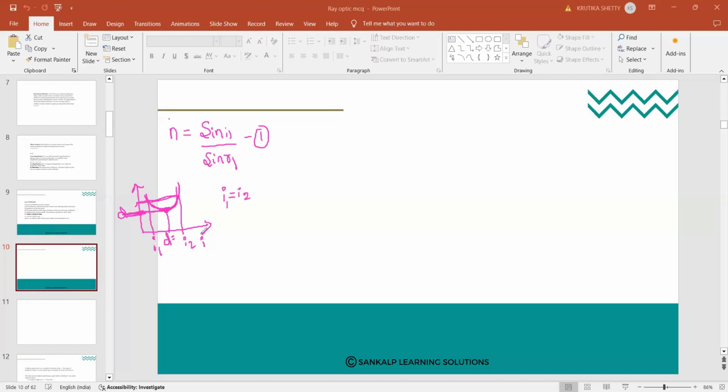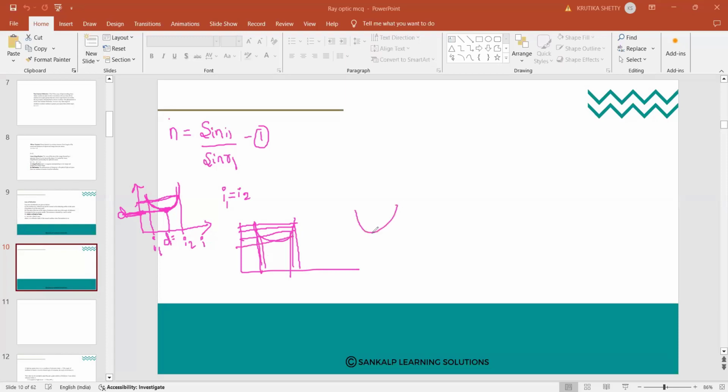Observe the graph here, students: at this point you have an I1 value and an I2 value. Here also I1 value, I2 value. If you take some different angle of deviation again, I1 value, I2 value. So it continues the same.